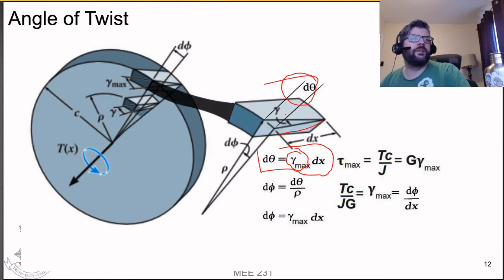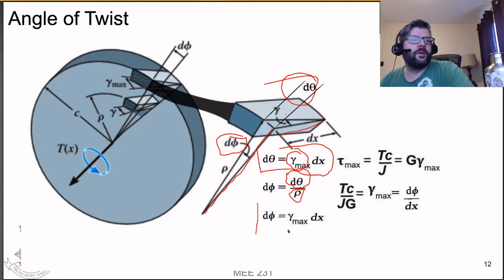So over that tiny little area, we're going to get a certain amount of relative twist. We'll call that d phi here. d phi is going to be a function of our d theta divided by rho.